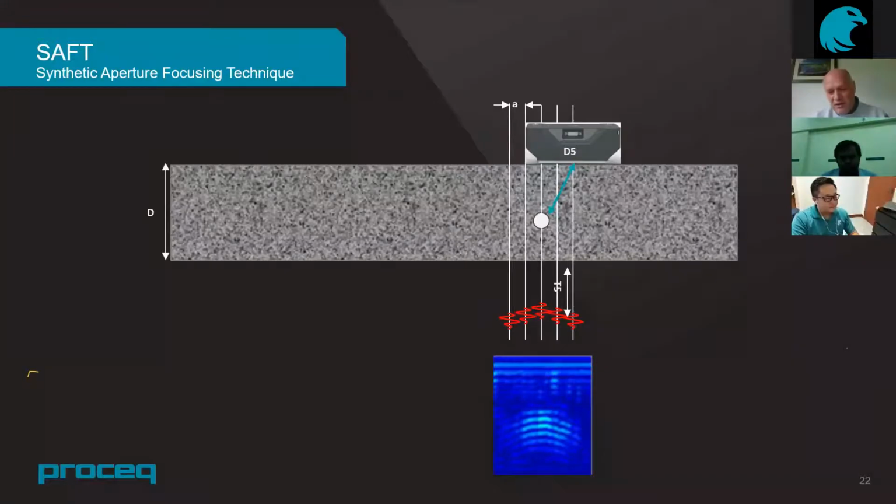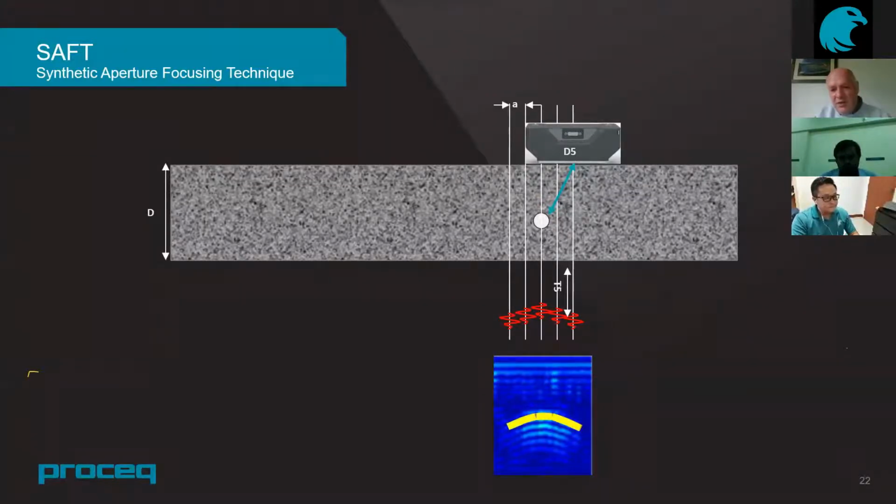This is something you'll know from GPR. It's exactly the same concept, and basically the SAFT algorithm in Pulse-Echo technology compensates for this. We know the point on the parabola which is closest to the surface, so there we can assume we're directly over the object.